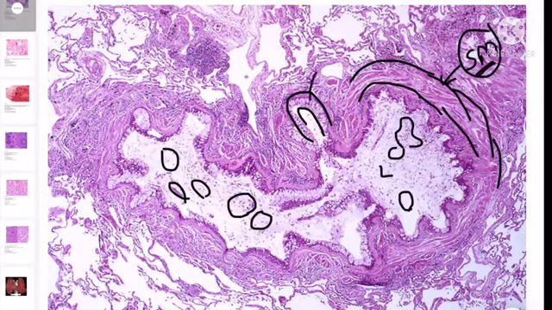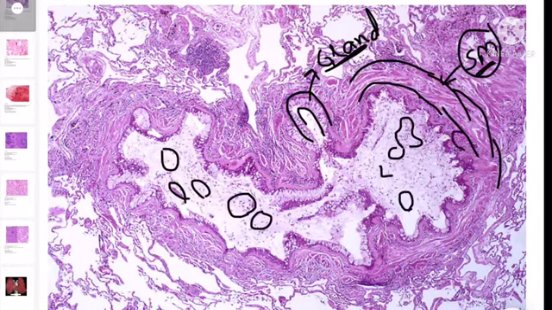So these are the mucus secreting glands. There is hypertrophy of the gland, excessive production of the mucus, and there is smooth muscle hypertrophy along with inflammatory cells. All these cause narrowing of the lumen.